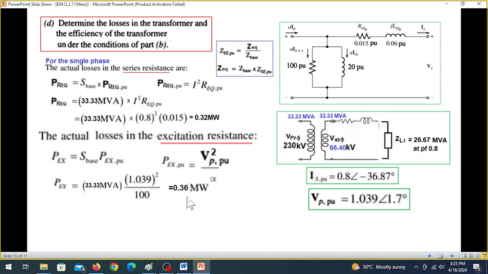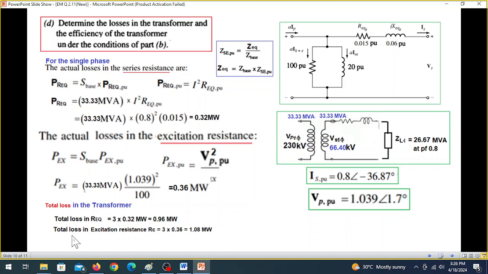So this is 0.36 megawatt. Now this is for one phase. So if you want to know the total, then you have to multiply by 3, because the question is asking for the total losses in the transformer. So we have to multiply these losses by 3. So this is the total loss in the series resistance, and this is the total loss in the excitation branch resistance, or parallel resistance.